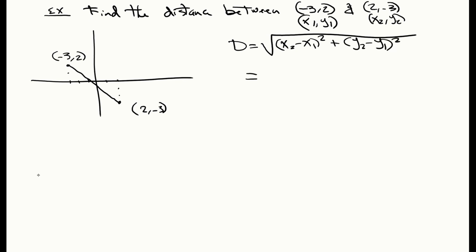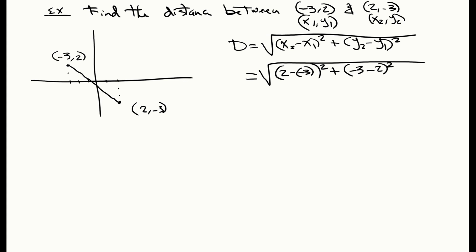And now we're just going to go ahead and substitute our values. So for x2 right here, we're going to use 2, open parentheses 2 minus x1, and be very careful here, x1 is -3, so we're going to put it in a smaller set of parentheses, then we're going to close the larger parentheses and square, plus we're going to do the same with y2, so -3 minus y1, which is 2, squared, correct?